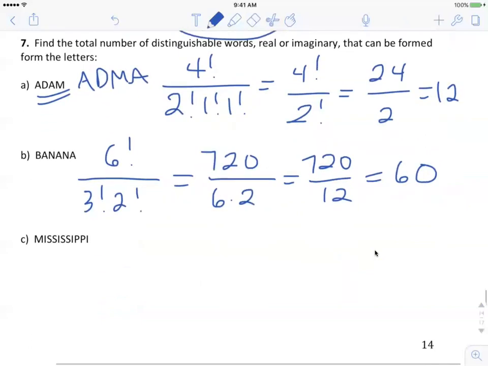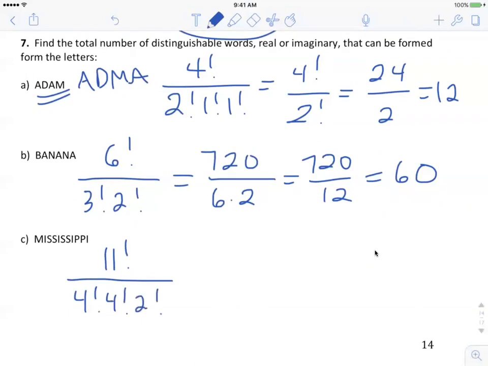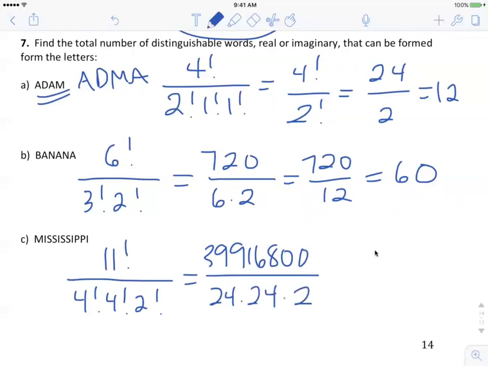Okay. How about Mississippi? 11 letters, right? So 11 letters in Mississippi. M doesn't repeat, don't worry about it. 4 I's, 4 S's, 2 P's. Oof, 11 factorial. That one's probably a pretty large number. Then 4 factorial is 24, and 2 factorial is 2, right?